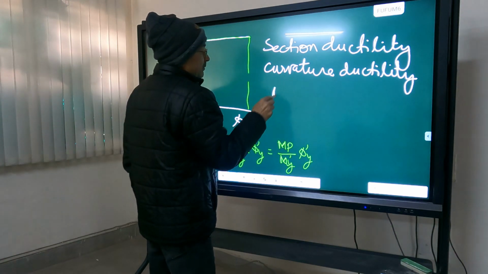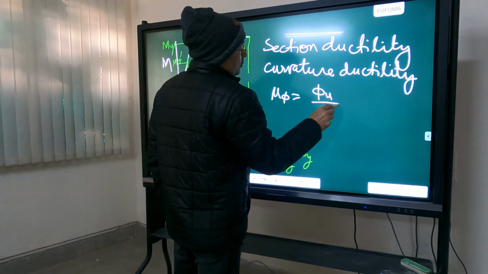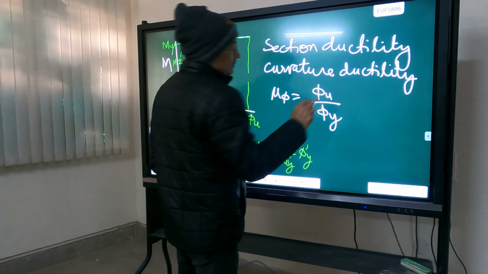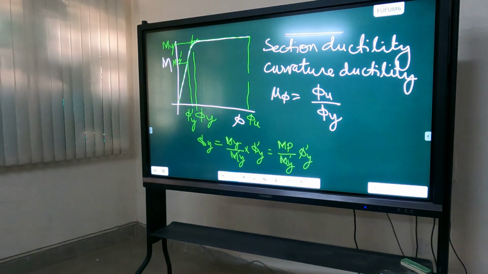And we represent it by mu phi, and this is simply phi u divided by phi y. In case of material ductility, we have defined strain ductility, mu epsilon, and what was that? Epsilon u divided by epsilon y. So that was giving us the ductility of material. This is giving us ductility of the section.